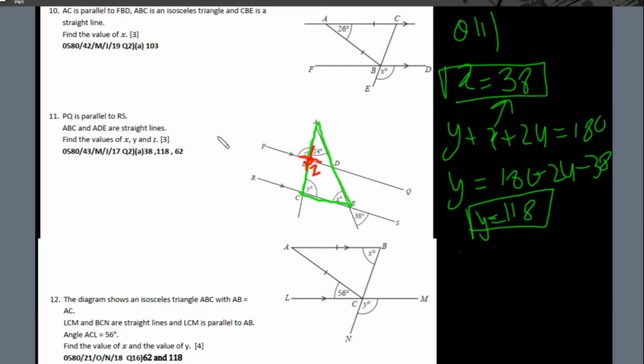So we'll do y plus z equals 180. So z equals 180 minus 118. So 180 minus 118 is 62.